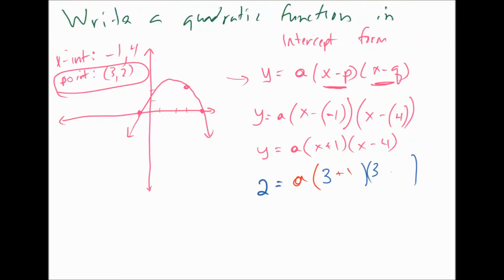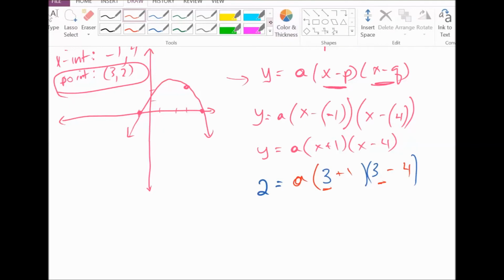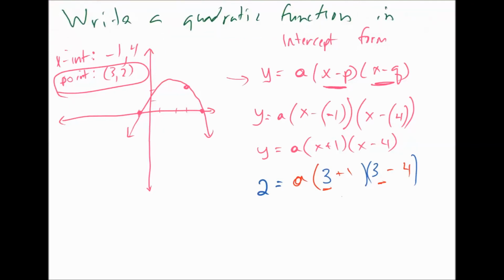So 3 plus 1, 3 minus 4, and I just plug in that point, 3, 2. Notice I had to plug in the x twice, here and here. So we're going to solve for a. We have 2 equals a times, that's 4, times negative 1. So we're going to have negative 4a equals 2, divided by negative 4, so we get negative 1/2 equals a.